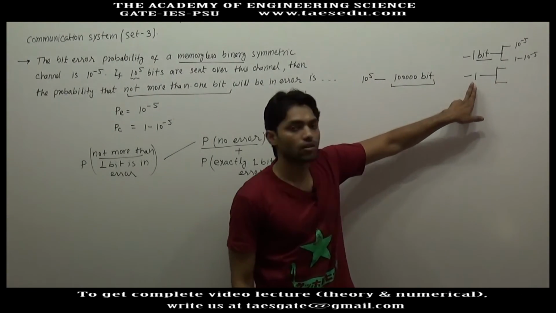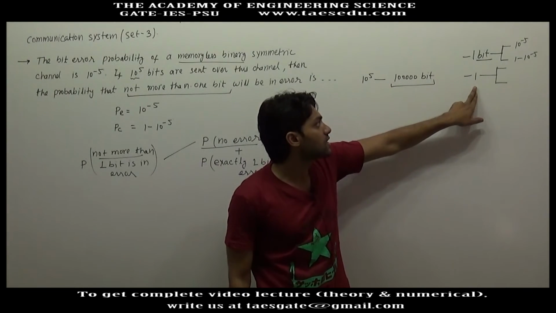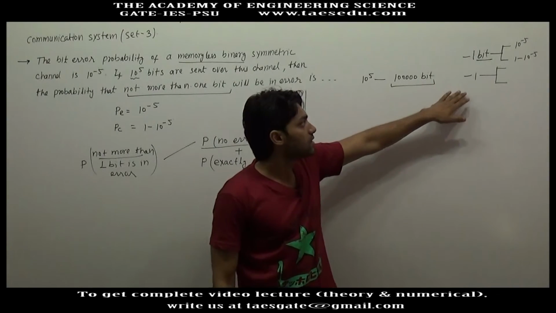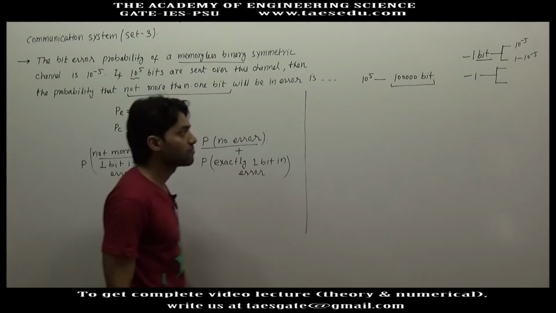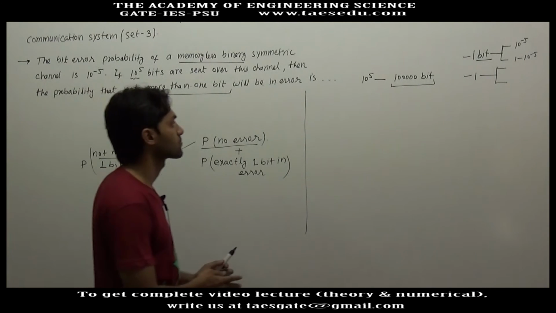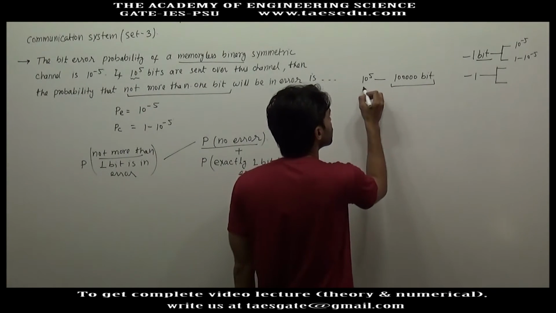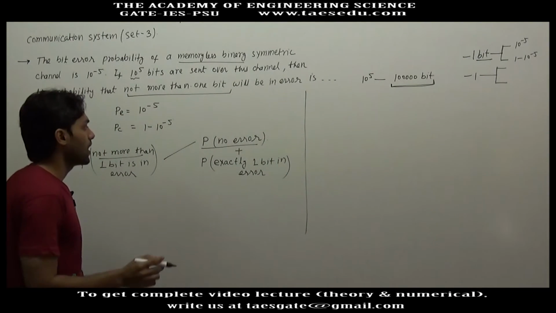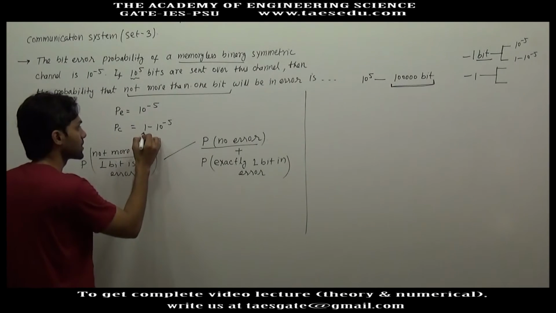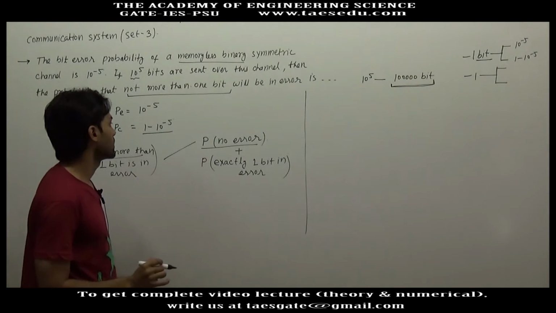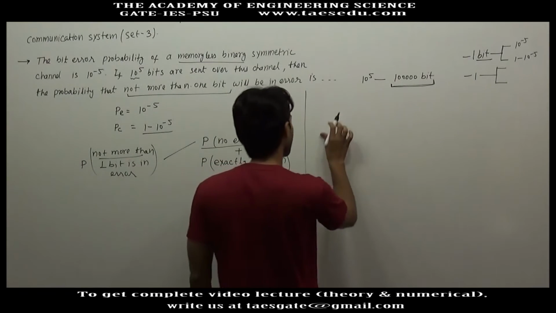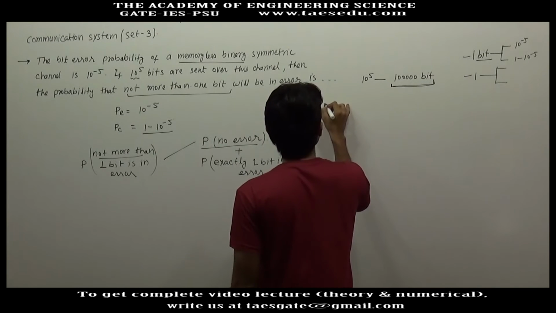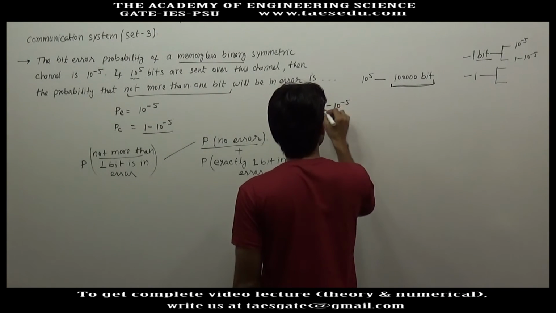The detection of the next bit has nothing to do with the detection of the previous bit. So all 1 lakh bits have to be detected correctly, and the probability that 1 bit will be detected correctly is 1 minus 10 to power minus 5.